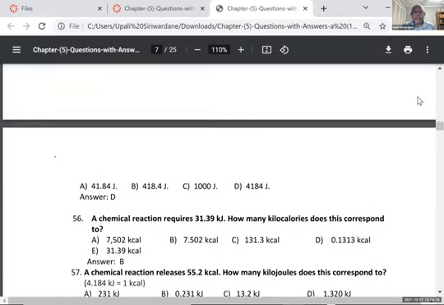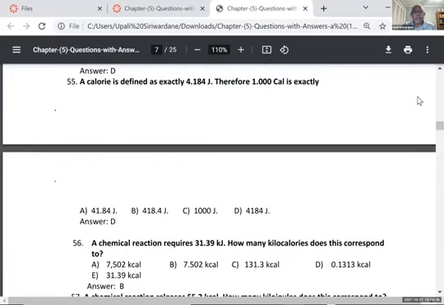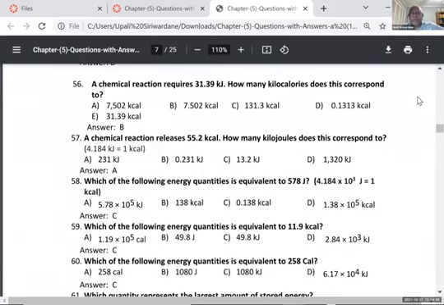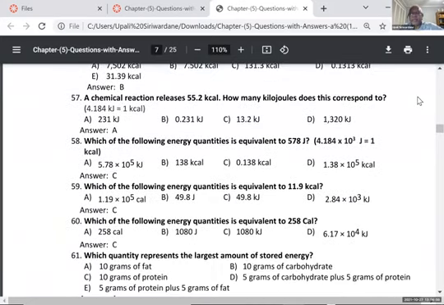I'm trying to find out the correct number. It's about 7. B is correct, 7.502. So you will find the conversion factor and convert them. All these problems are similar.